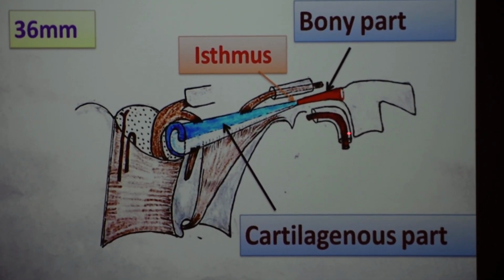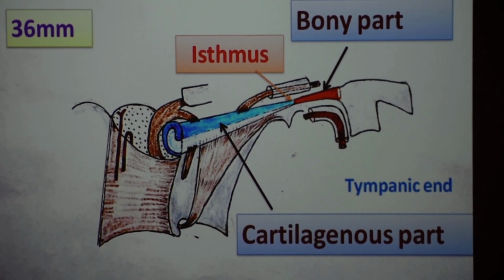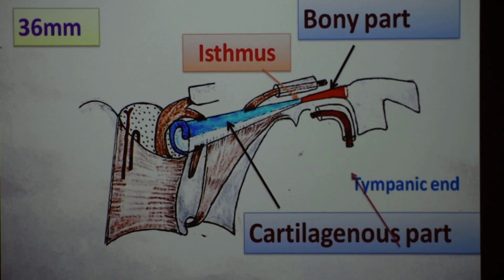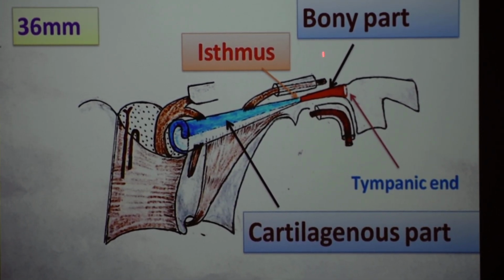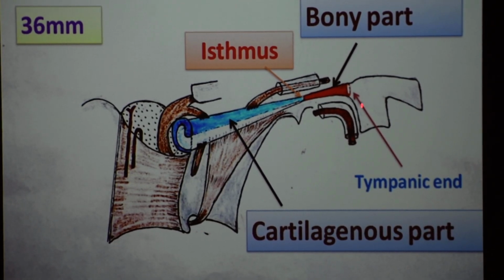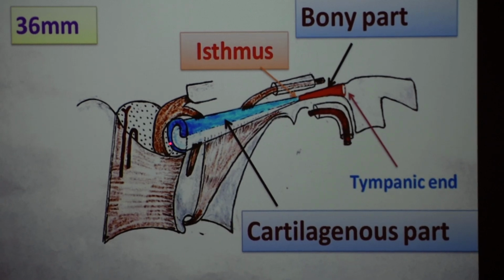So this opening is called the tympanic end or tympanic orifice, from where the bony portion of the auditory tube starts. That is about 12 millimeter in length. Then it is directed downward, forward and medially.